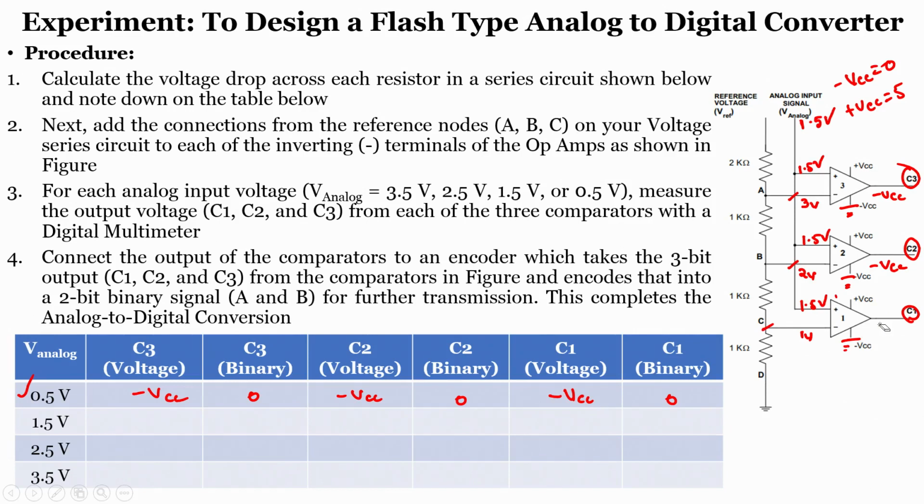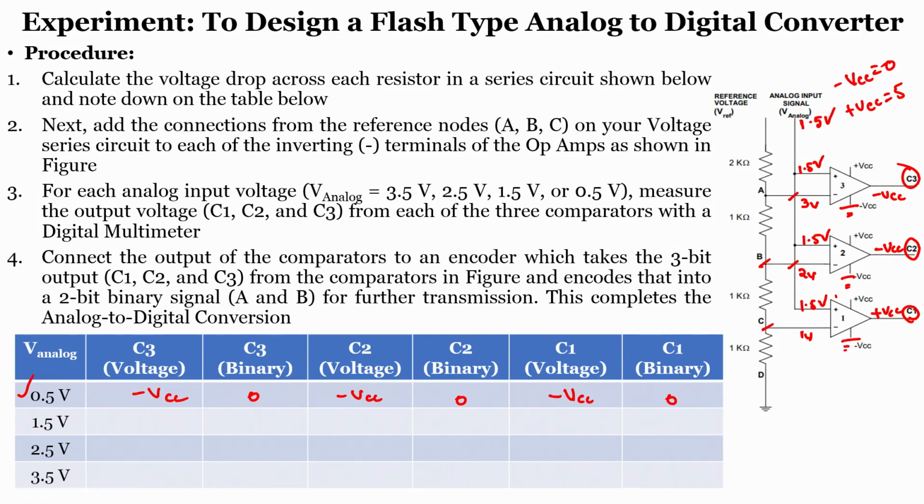In comparator 2, the positive input voltage is smaller than the negative input voltage, because the reference value is 2 volts here. Since it is lower than the negative, this becomes minus VCC. Even in this case, 1.5 is smaller than 3 volts, so the negative terminal voltage is higher. As a result, this still remains at minus VCC.